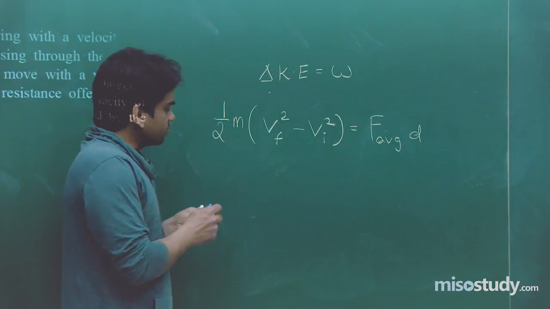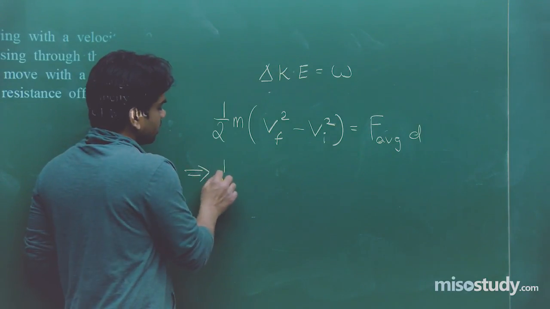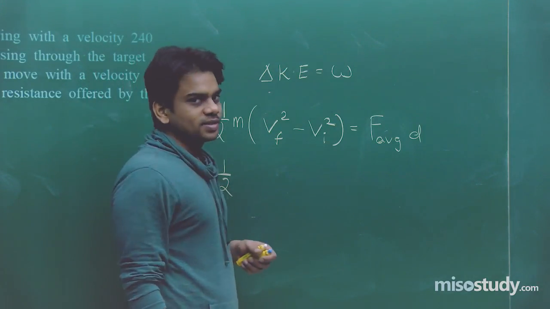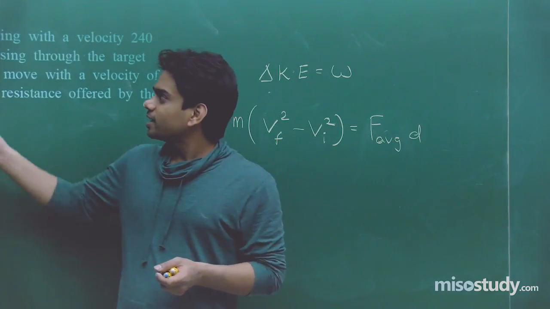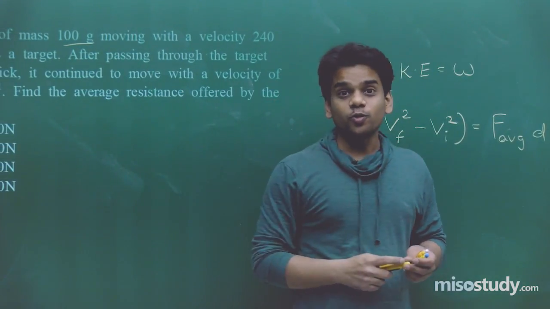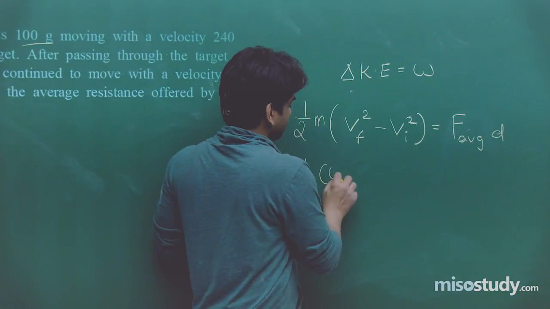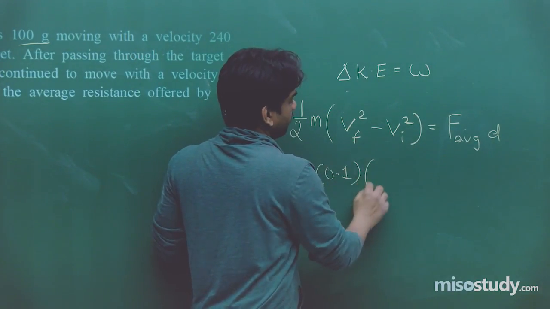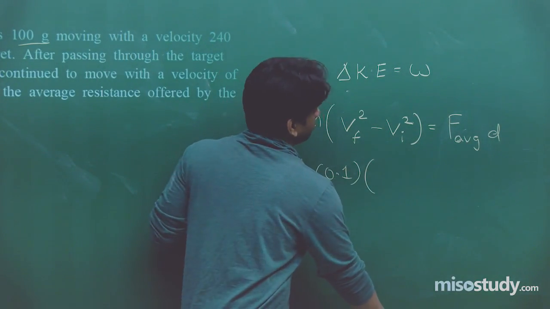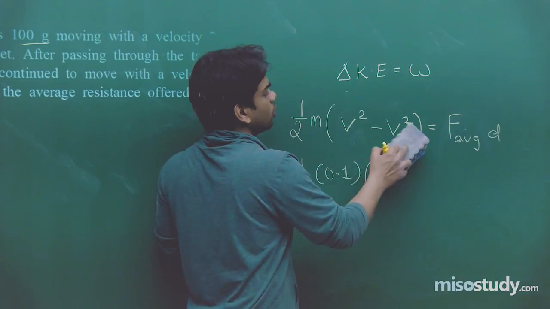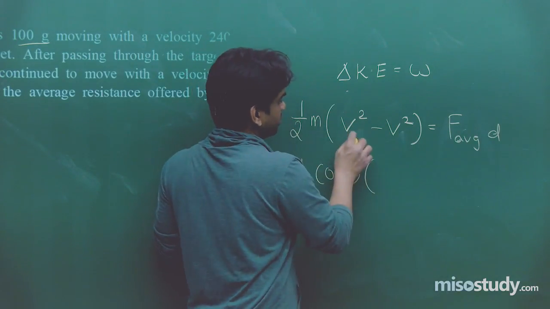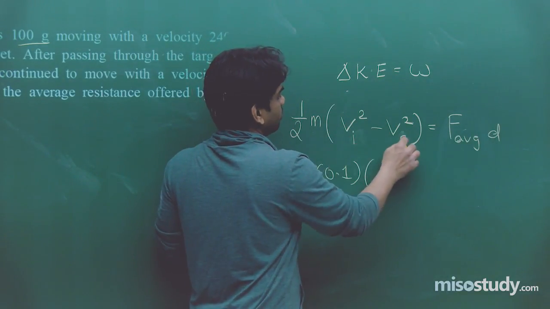Put up the values. Half the value of mass m that we have, that is given as 100 gram. So you can use 0.1. Final velocity, sorry, this will be initial velocity because final velocity is small. So I told you I'll be taking the difference, actually the loss in kinetic energy.